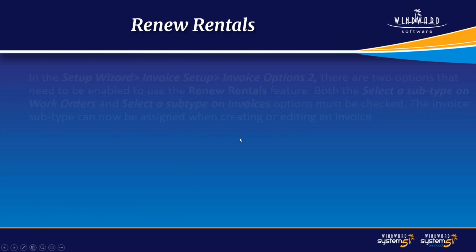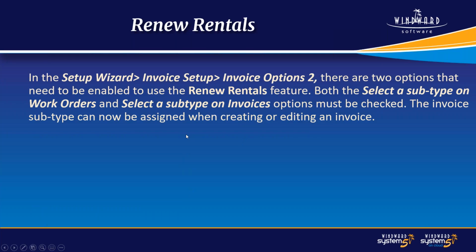Other than that, we also need to check two options in the setup wizard, invoice setup, invoice options. There are two options that need to be enabled to use the renew rentals feature. Both the select a subtype on work orders and select a subtype on invoices options must be checked.